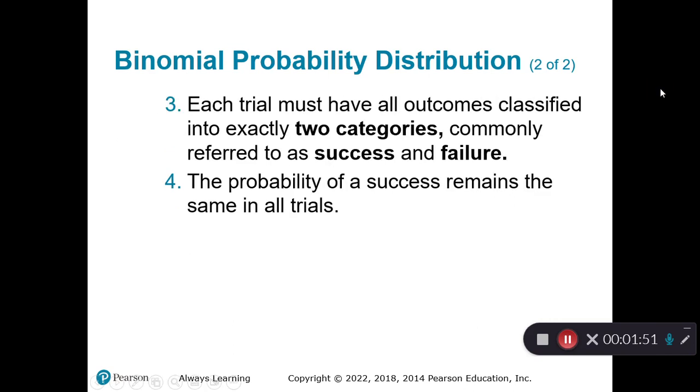The third requirement is what actually earns the prefix bi for binomial. Each trial must have exactly 2 categories of outcomes, one referred to as a success, the other as a failure. So think about each trial as having 2 possible outcomes, either a success or a failure. And finally, the fourth requirement is that the probability of a success must remain the same from one trial to the next.